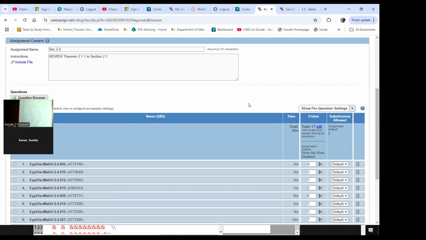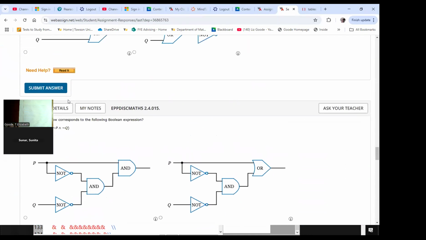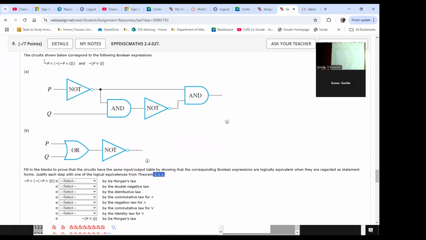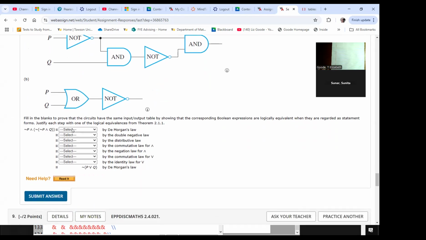Now, if we look at this problem that you were looking at, problem number 8, it's talking about how this expression, not P anded with not the quantity not P and Q, gives you the circuit in A. And not P or Q gives you this circuit, B. It says fill in the blanks to prove that the circuits will have the same input-output table.